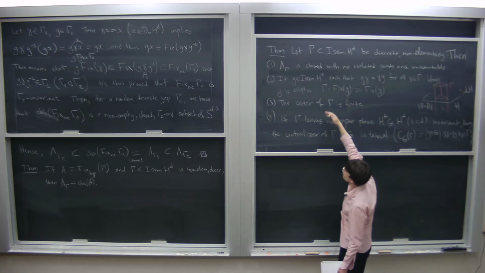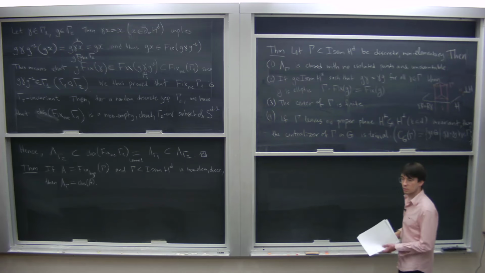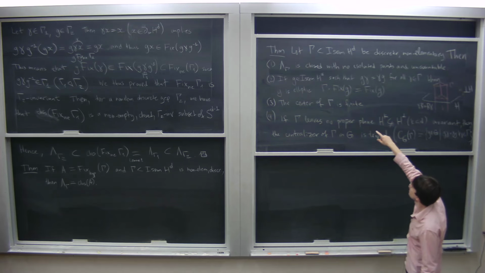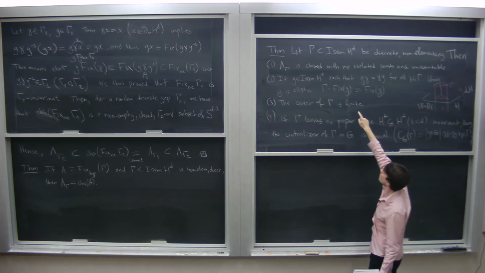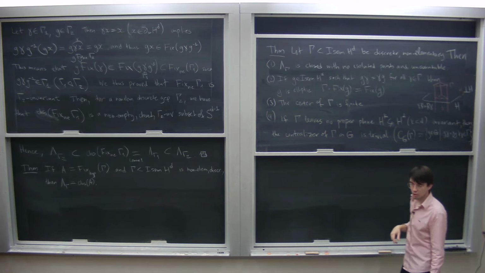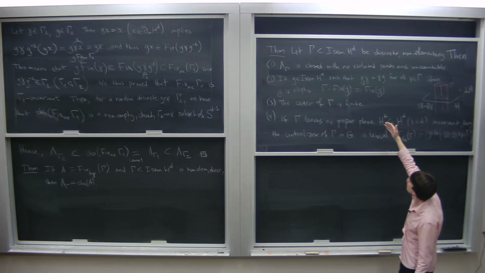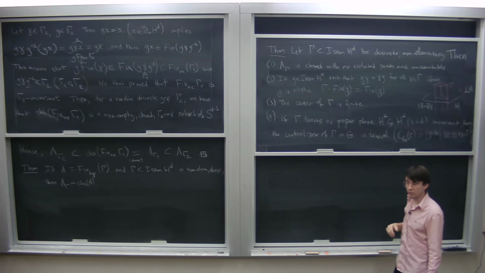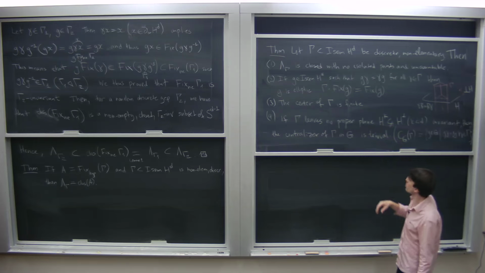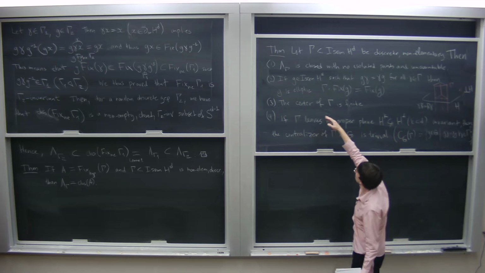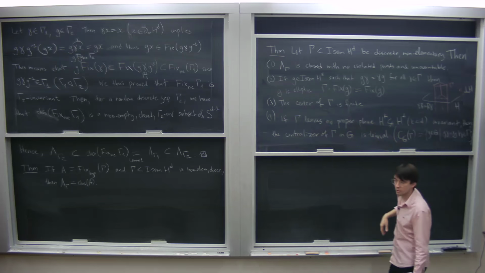And well, it also follows from part number 2, right? The fixed point set of an elliptic element G, if it is not a trivial element, is going to be a proper plane. But if gamma leaves invariant no proper plane, we are good.